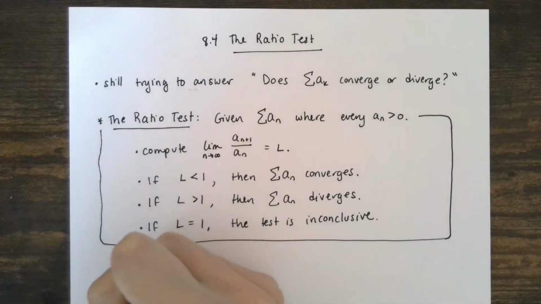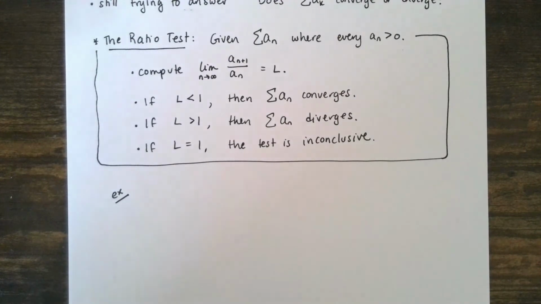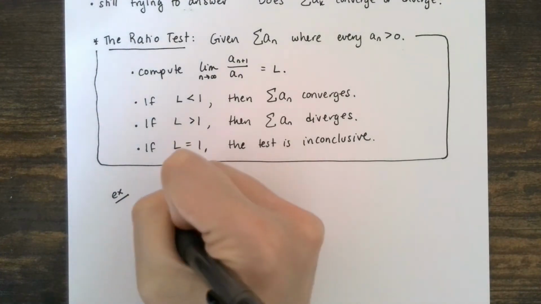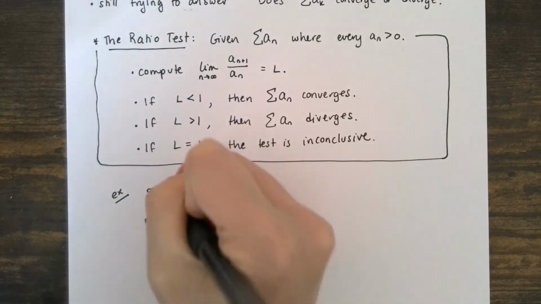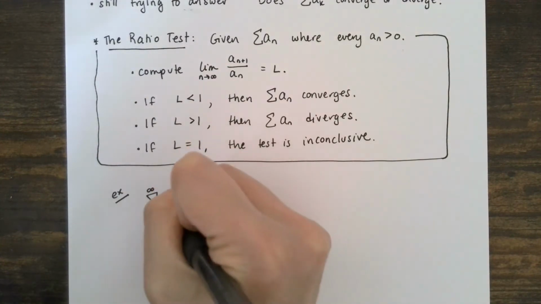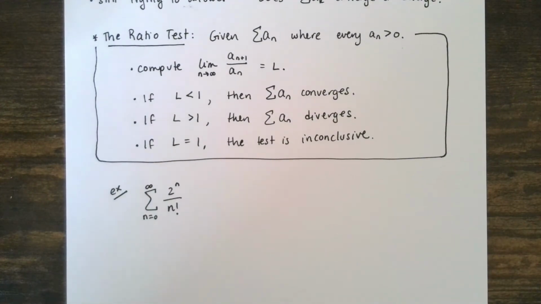So our first example series is going to be the sum from n equals 0 to infinity of 2 to the n over n factorial. And I'll use this time to remind you that 0 factorial is defined to be 1, so it actually is okay to plug in 0 to this series.